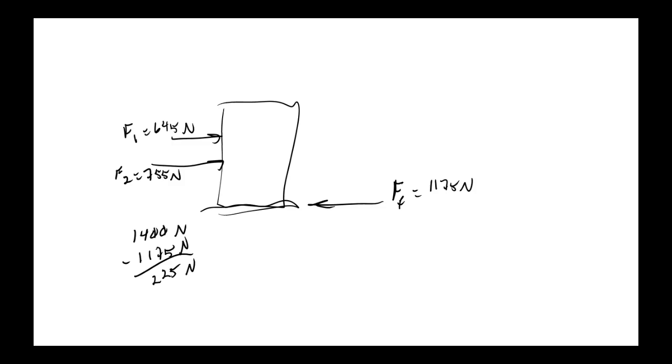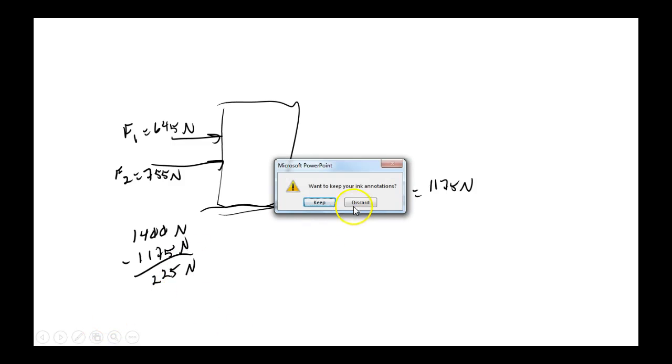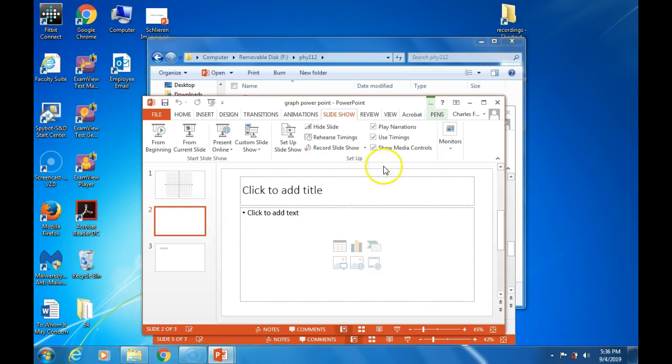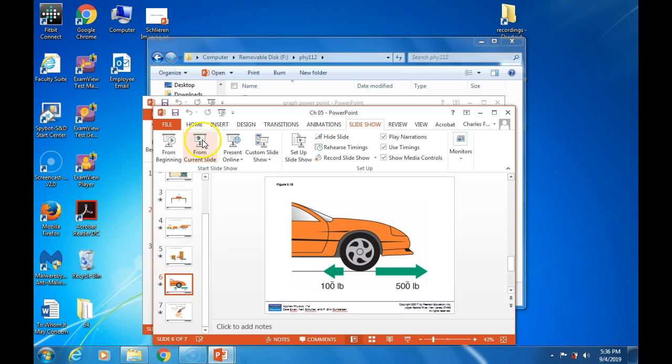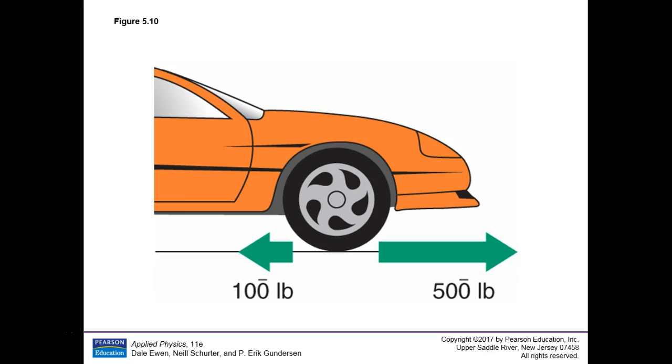So I think what I'll do here is discard this and go back to my other one, because I think that's the last slide here. Okay.